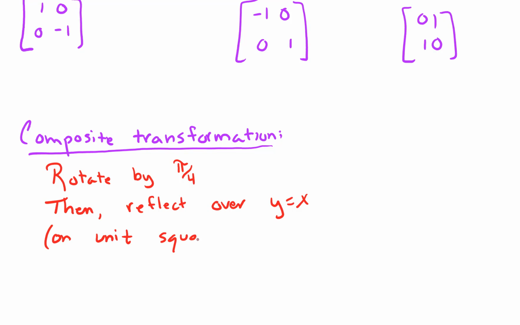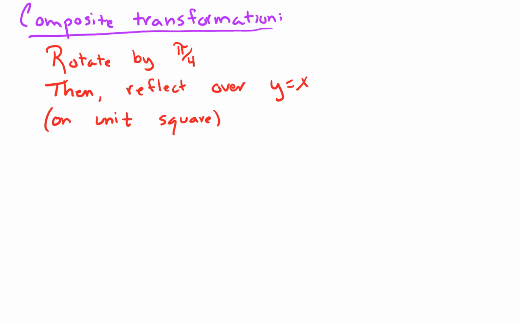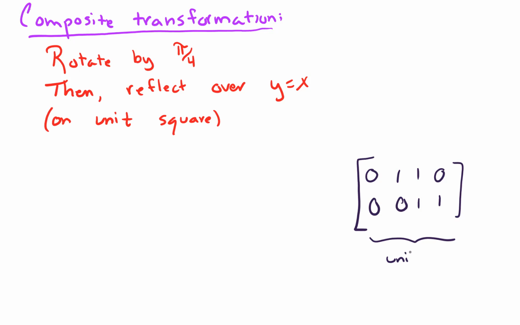So if we take a look at what needs to happen, here's our unit square. I'll put that way over on the right. It's 0, 0, 1, 0, 1, 1, 0, 1. Okay, so this is our unit square, which we've been calling matrix S. The first thing we want to do to that is rotate by pi over 4.